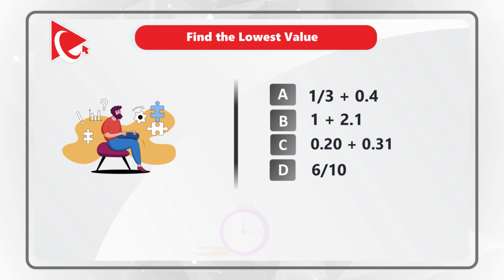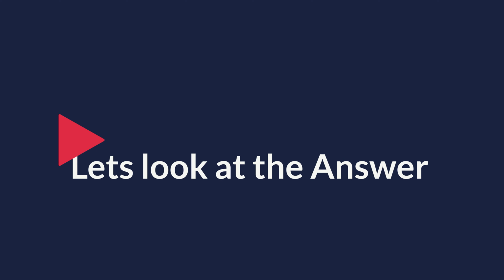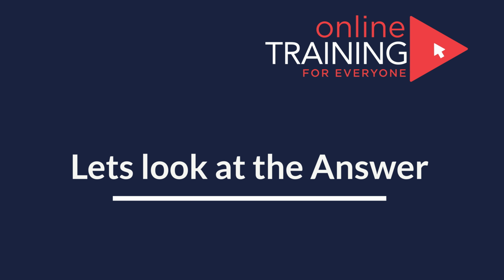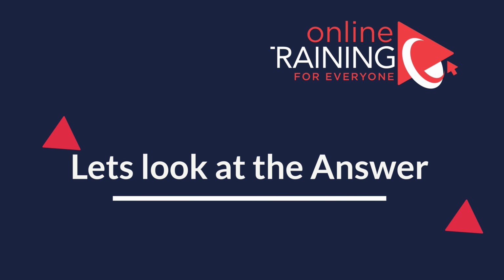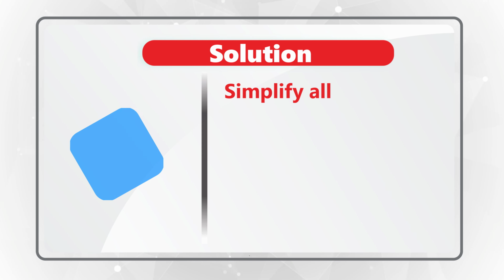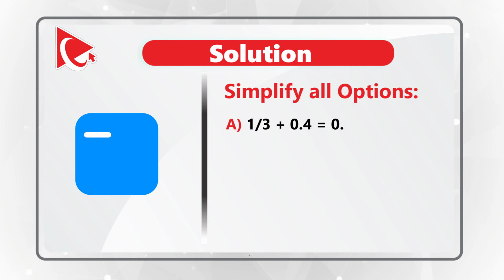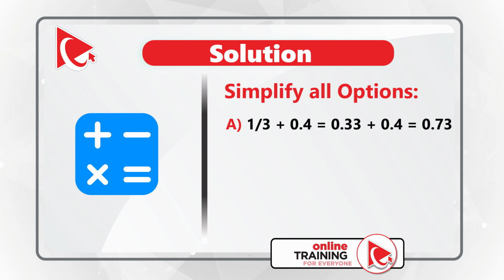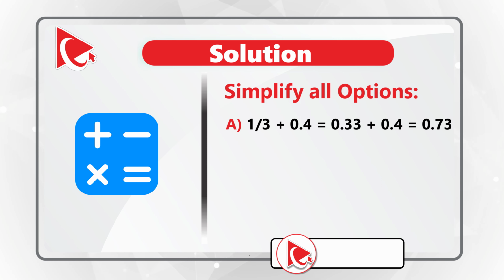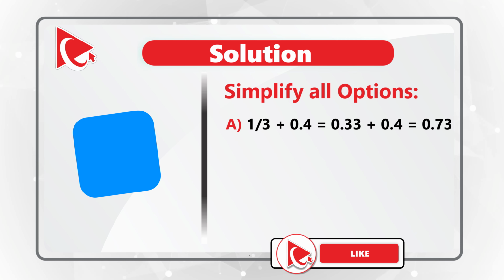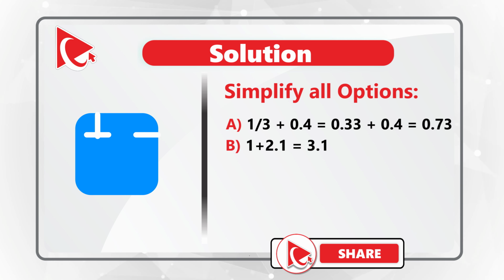The tricky part here is that the question is designed to make you do mental math. To get to the final answer, you need to simplify all the options. For example, option A, 1/3 plus 0.4 equals 0.33 plus 0.4, which is 0.73. Choice B, 1 plus 2.1 equals 3.1.